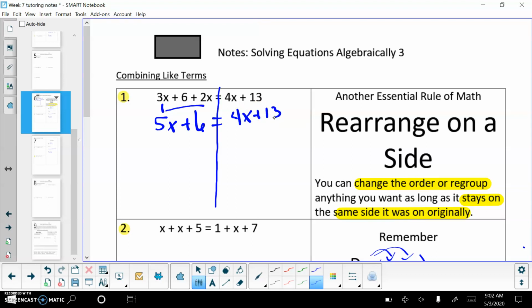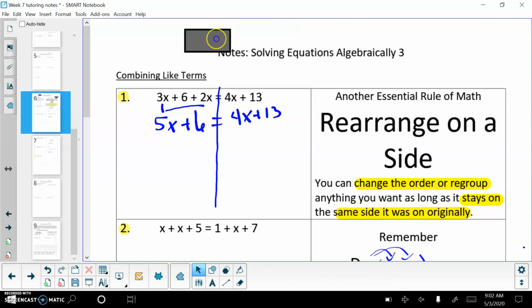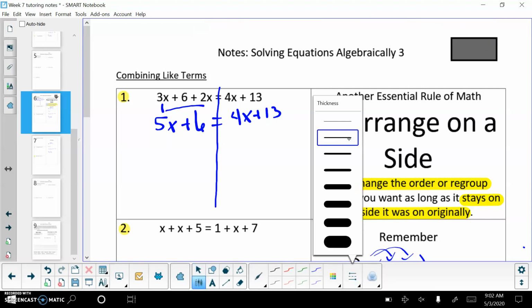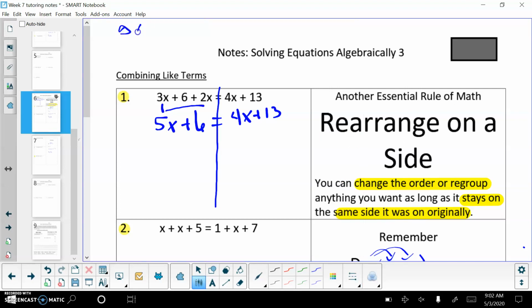like this. And this was similar to when we were doing our sketching, because this is a similar step to the sketching that we did last week. We would say, okay, I've got 3 x's, which is 3 triangles, and a 6 cube. And then I've got 2 x's. And on the other side, I would have 4 x's, 4 triangles, and a 13 cube.